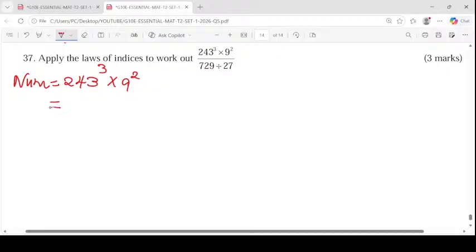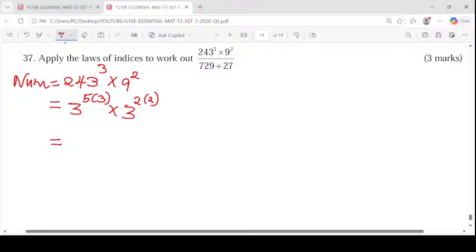So this will be 243. To base 3, 243 can be written as 3 power 5. So this will become 3 power 5 into 3 times this will be 3 power 2 into 2. Then we have the law where you can multiply the powers.